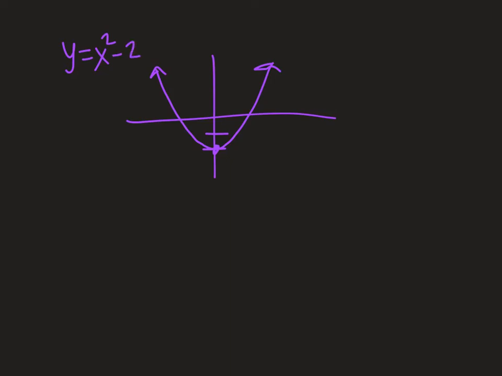So just to make sure we're clear with the notation here, the domain and the range. This thing's going to go to the right and to the left forever, so the domain is all reals, or as an interval again, negative infinity to infinity.